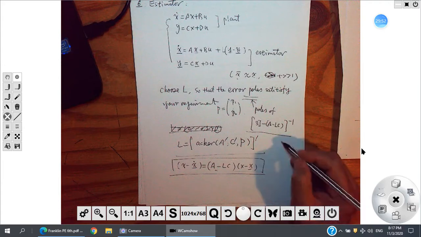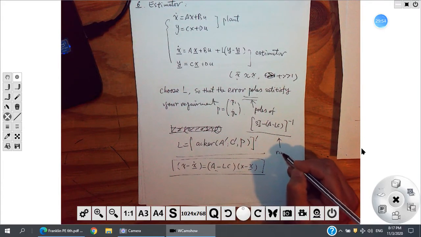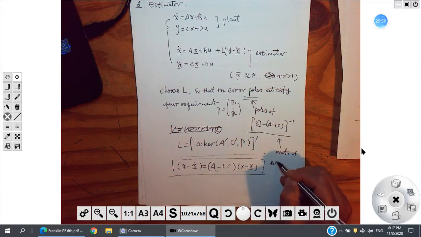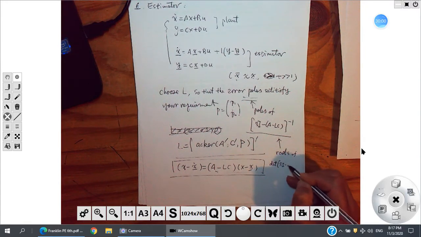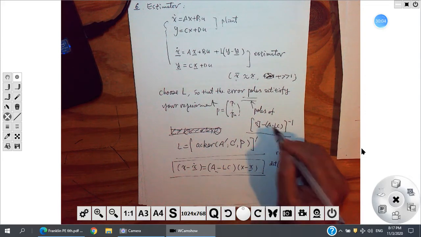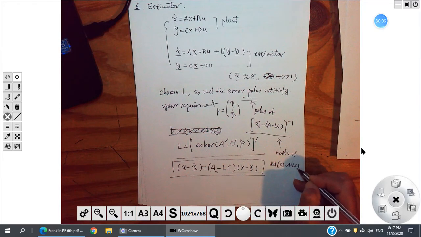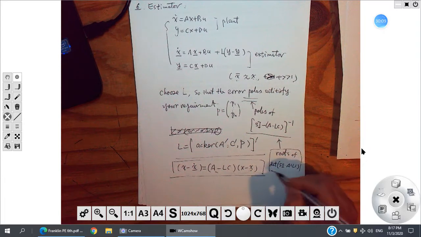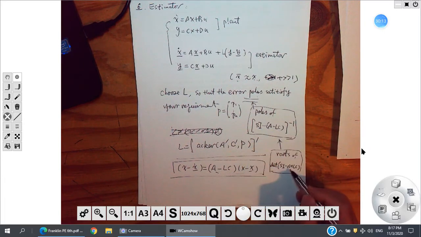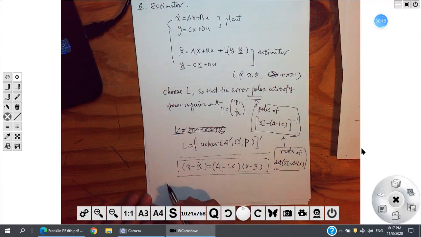Or you say they are roots of the determinant of sI minus A plus LC, right? The roots of these, or the poles of these. Yeah, this is a fraction. This is just a polynomial. Okay, so this is about the estimator.